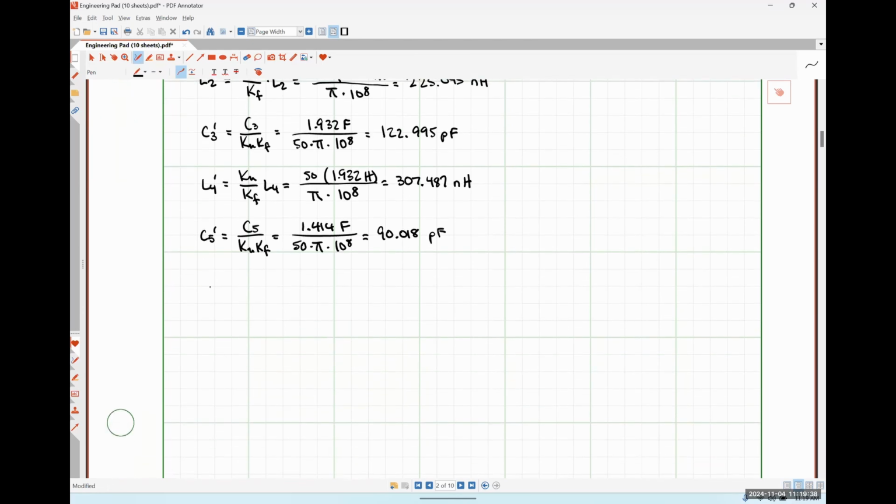And lastly, L6 prime would be Km over Kf times L6, or 50 times 0.518 henries all over pi times 10 to the 8, which I get to be 82.442 nanohenries.